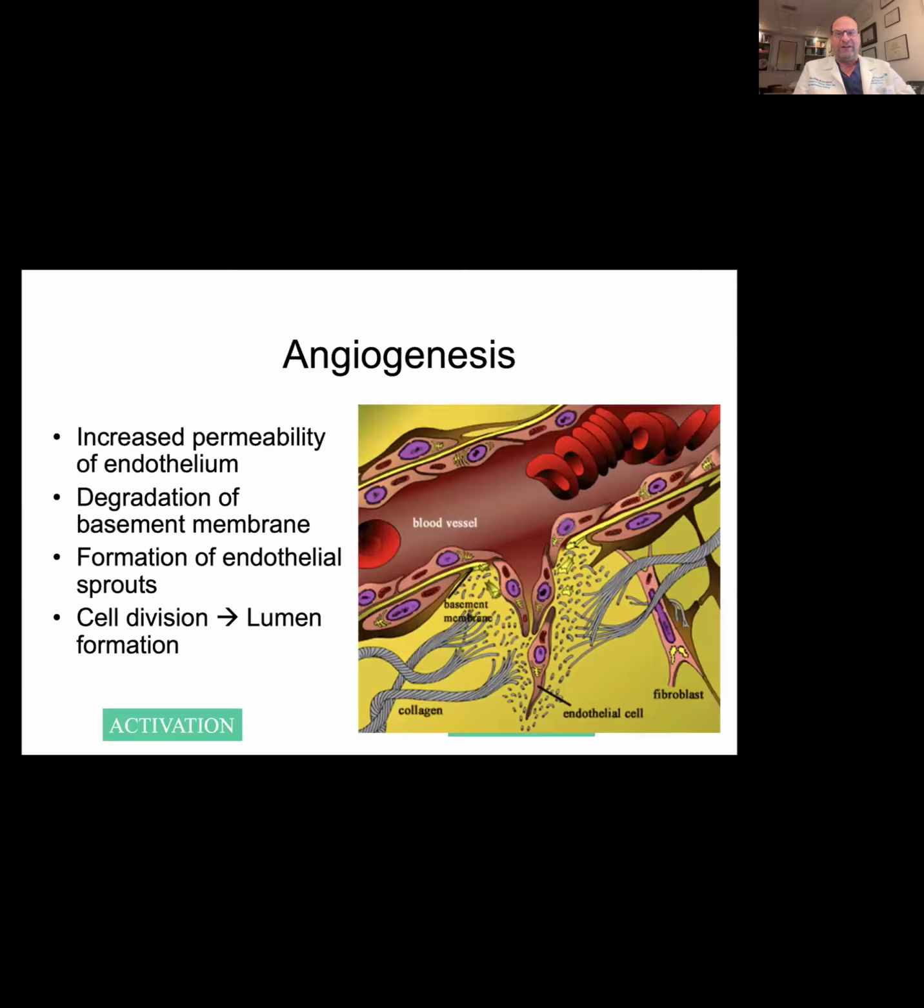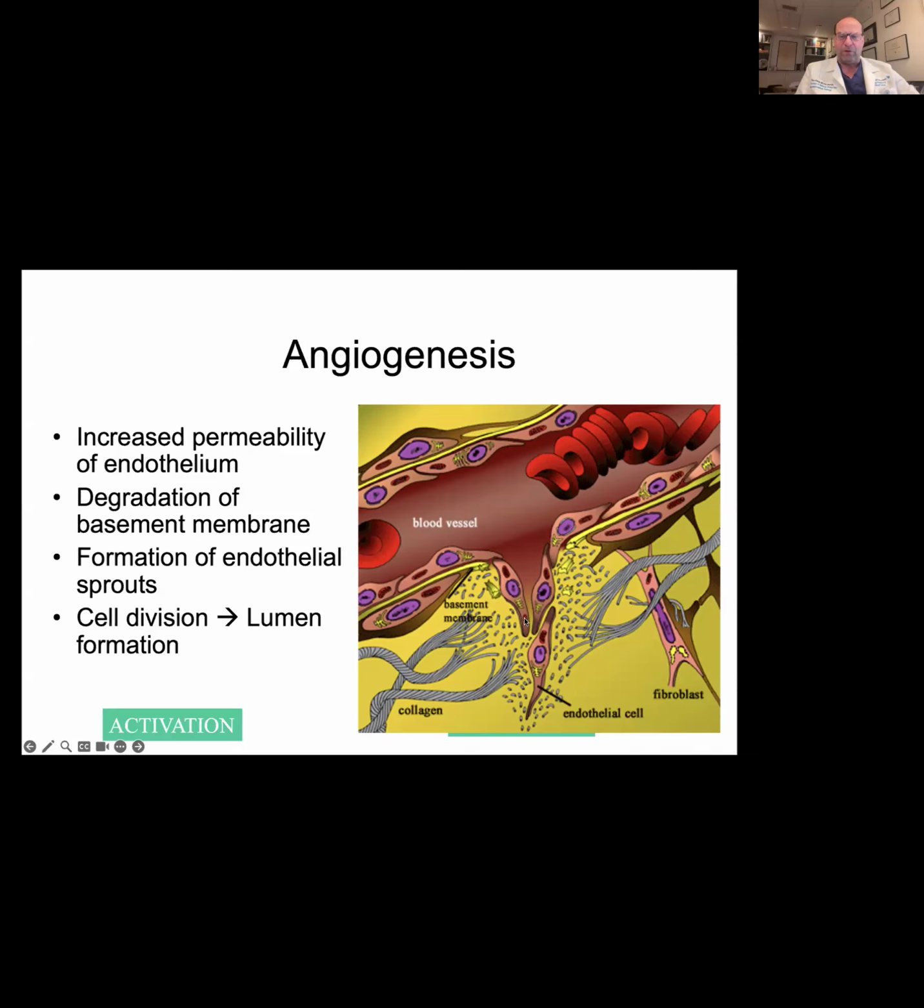This angiogenic process is divided into two different aspects. The so-called activation phase, where the blood vessel becomes destabilized, i.e., the basement membrane breaks down so that new sprouts can form from the existing blood vessel.